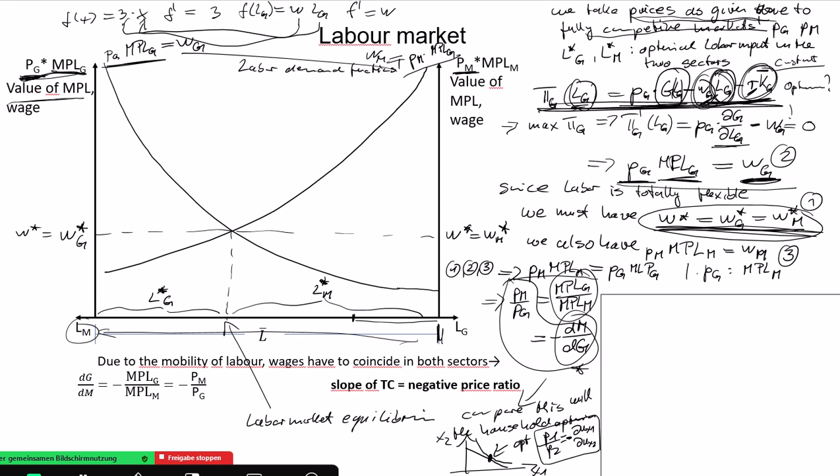And this hopefully you have seen in many other lectures. This is the profit optimal condition which we always have, especially when we look at fully competitive markets, because I cannot do anything about the price. I'm not a price setter. I take prices as given if I am in fully competitive markets.